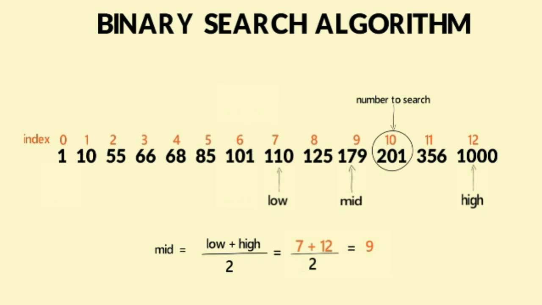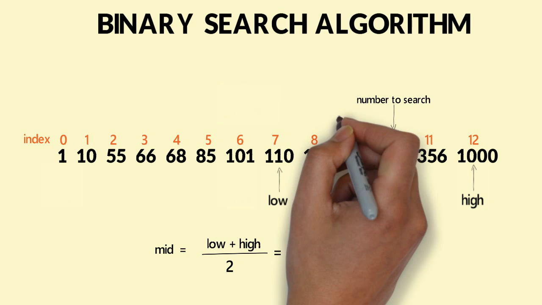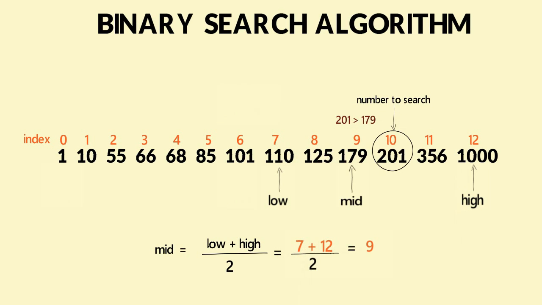We again follow the same comparison process, and we see that 179 is not the number we are searching for, and so we see if the number we are searching for is greater than 179, and it is indeed greater than 179.